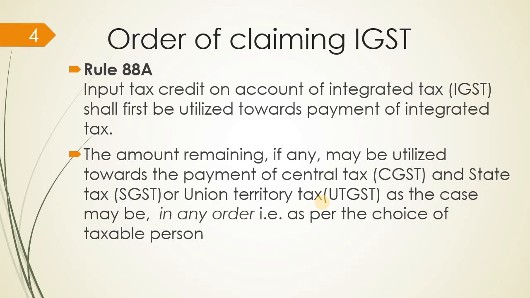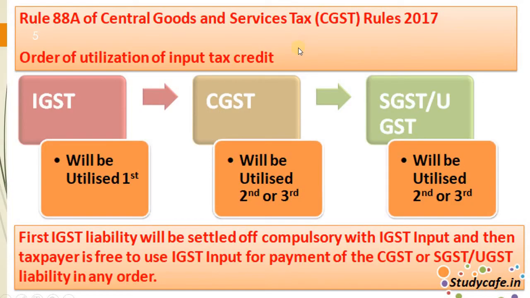For whichever he feels, he can use it in any order as per the choice of the taxable person. So choice is given to a taxable person regarding the use of IGST credit. So this is the brief description of Rule 80 80A, that is IGST.